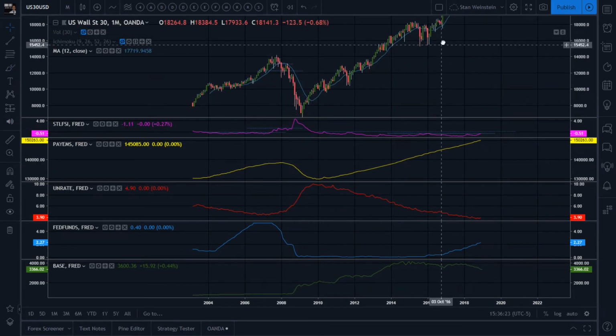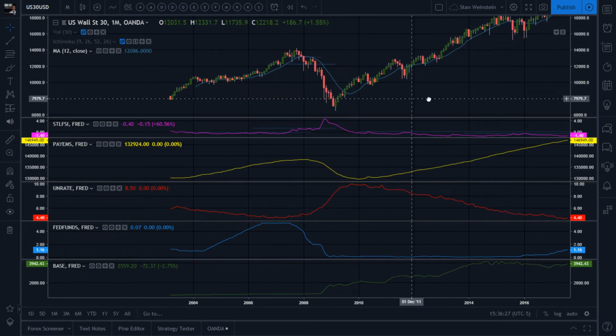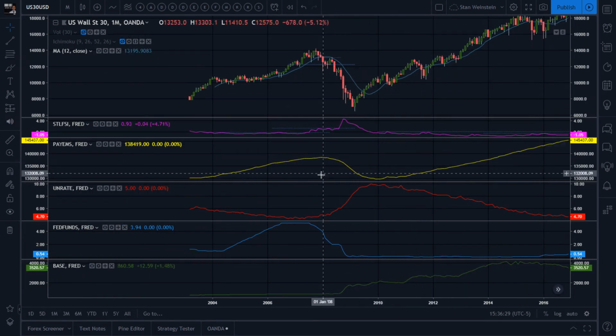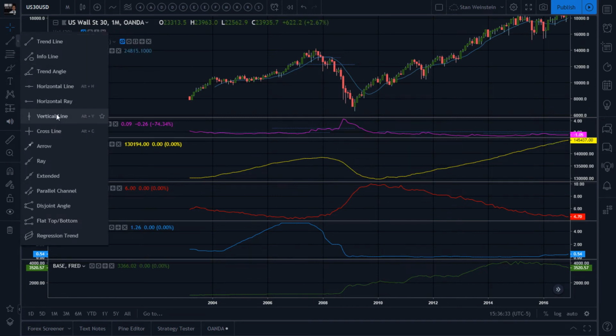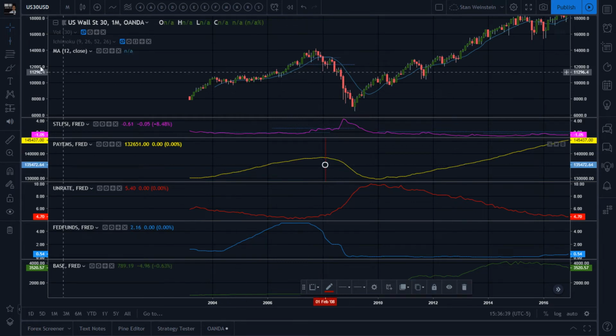Let me zoom that up. Whoa, stretch. Wow, a lot of chart gymnastics. Already starting to roll down. Let me put a vertical line. Here's the first time that it started rolling down.